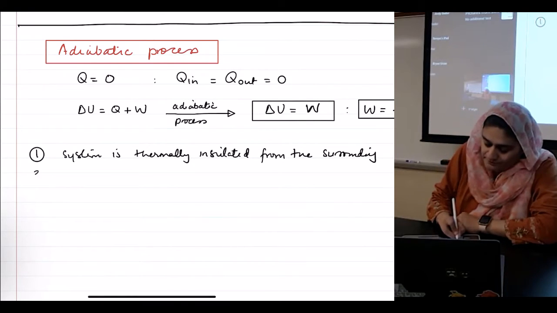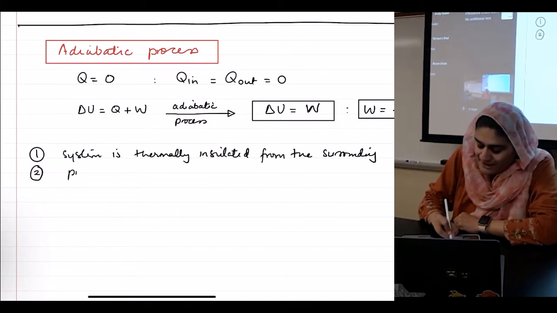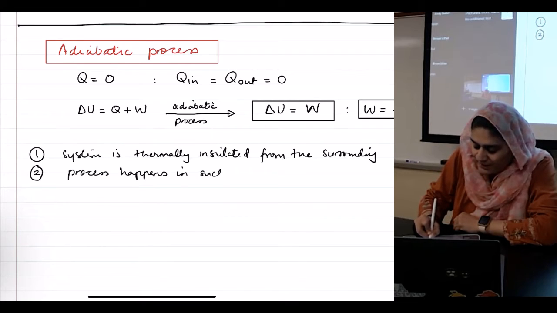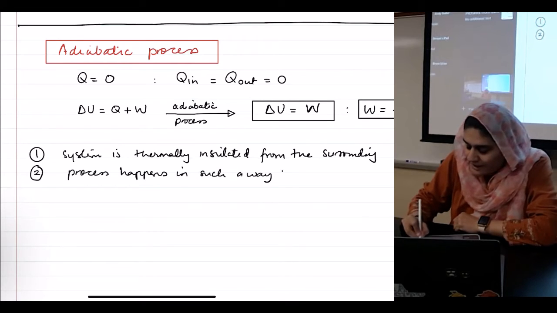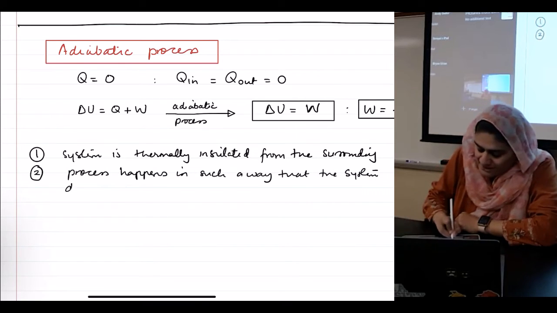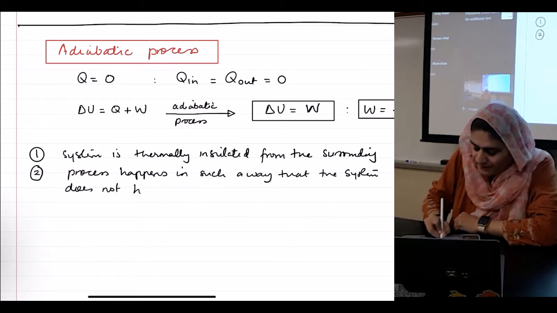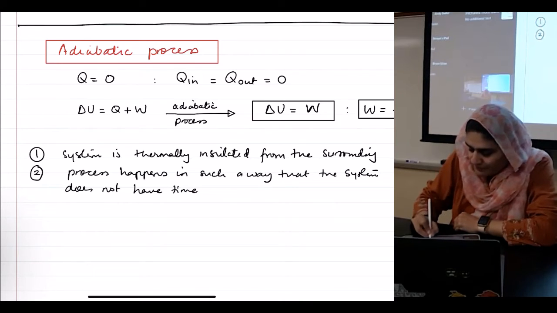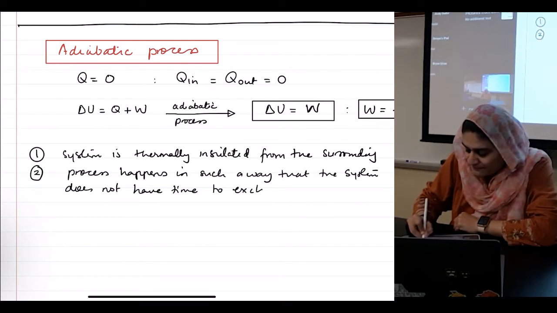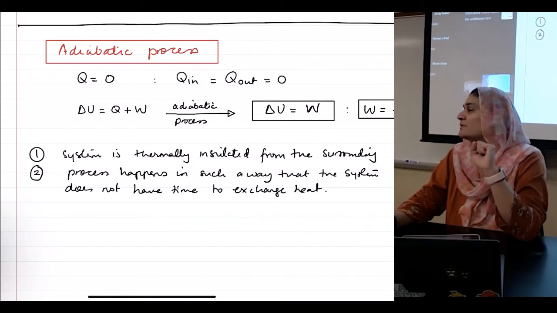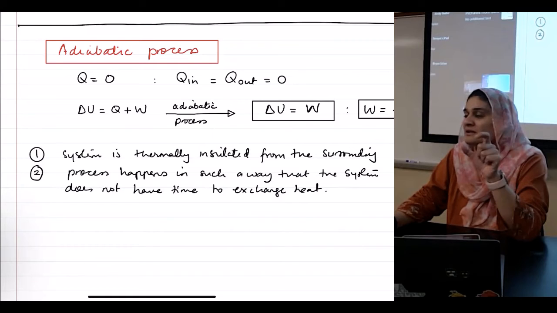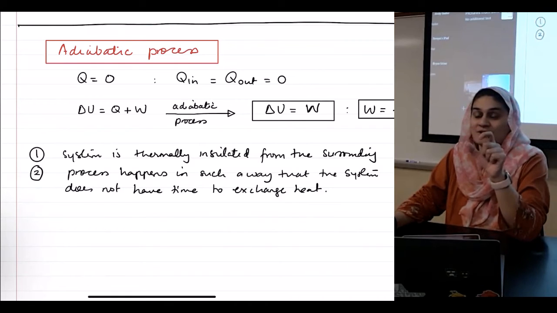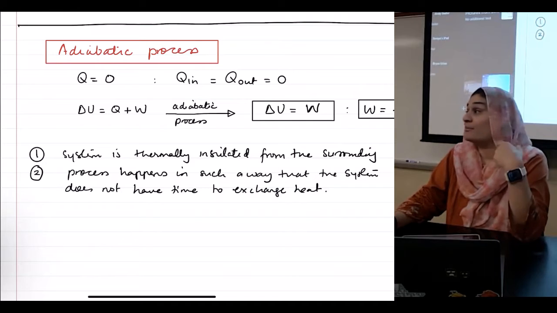Or number two, the process happens in such a way that the system does not have time to exchange heat. What we do is limit our time in the process under consideration to where heat exchange doesn't happen.